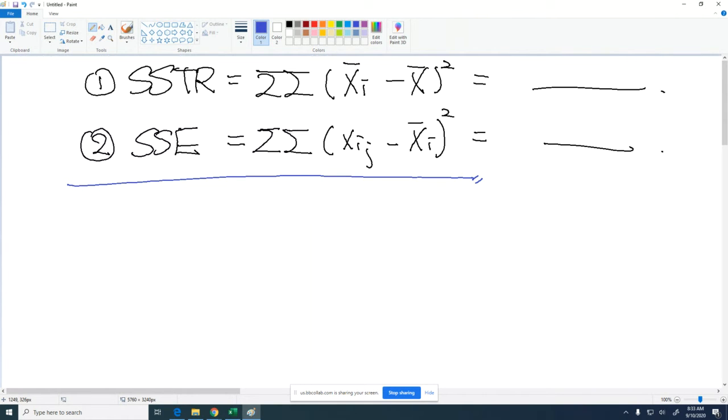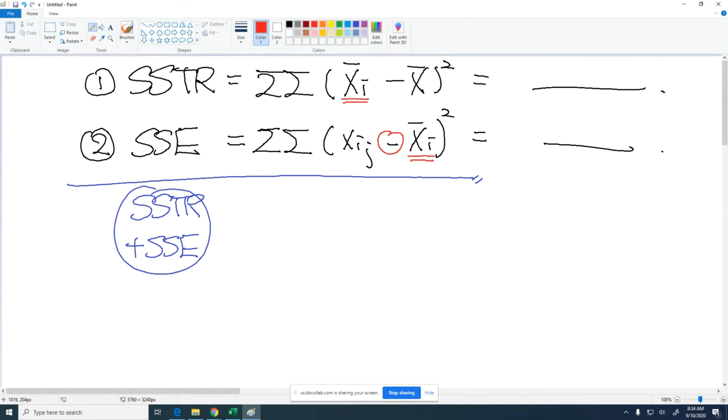When I add SSTR plus SSE, here is the xi bar, and there is the xi bar, and here is the negative.